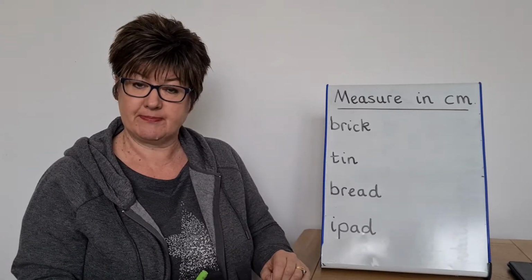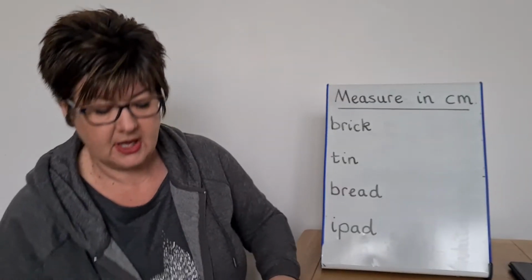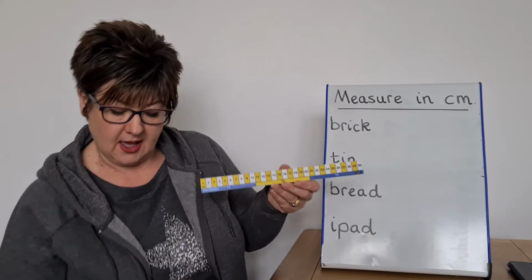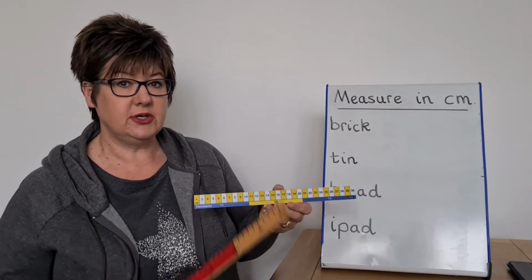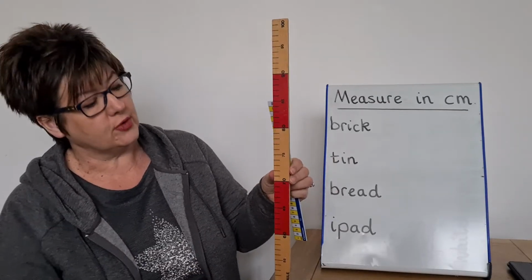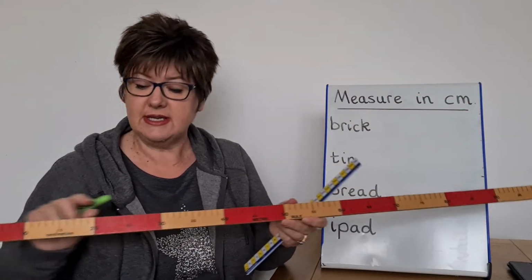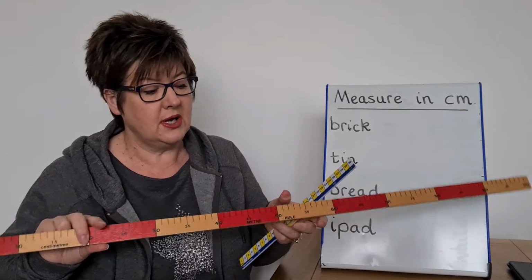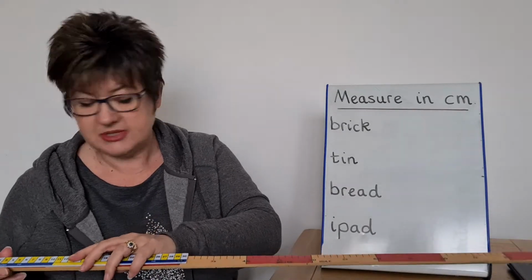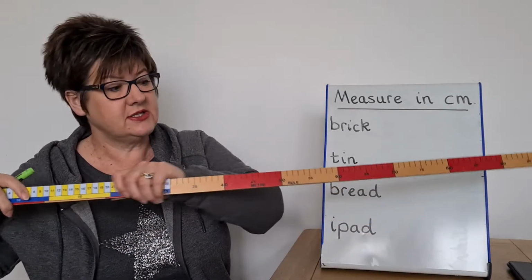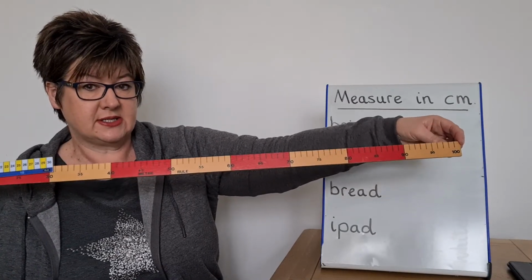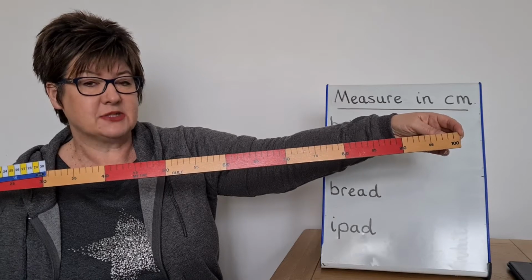Now, my ruler measures up to 30 centimetres, but I'm going to show you another measure that we use, and this is a much longer ruler. It's still got centimetres on it, and it starts at 0 and goes all the way up to 30 like my small ruler, but I can keep measuring in centimetres, and when I get all the way up to 100 centimetres, that changes and has a special name.